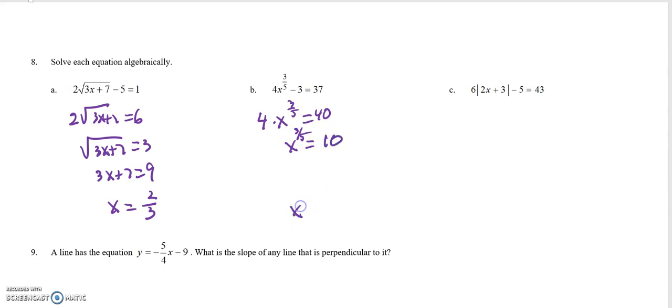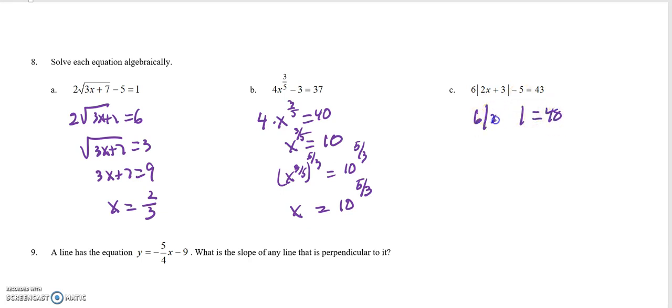Now how do I get x? I have to raise the left side to the 5/3 power. If I raise the left side to the 5/3 power, I have to raise the right side to the 5/3 power. Here I want to get rid of the 5 first. So I have 48.